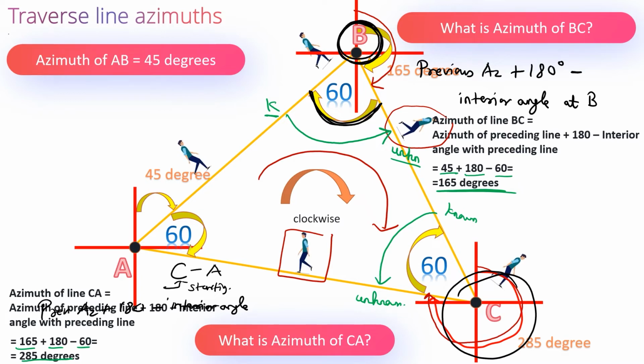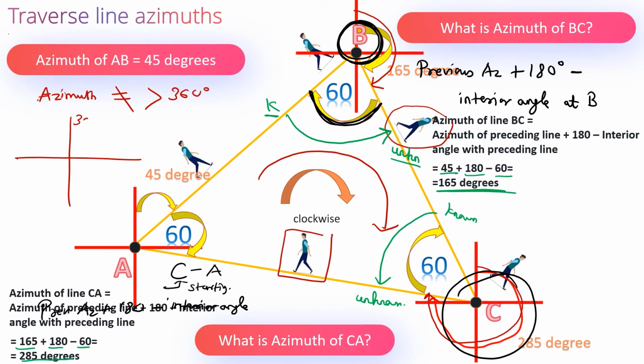And remember one thing: azimuth can't be greater than 360. Because imagine this, can you have an azimuth greater than 360 degrees? One complete turn is equal to 360 degrees, right? So azimuth cannot be greater than 360 degrees.